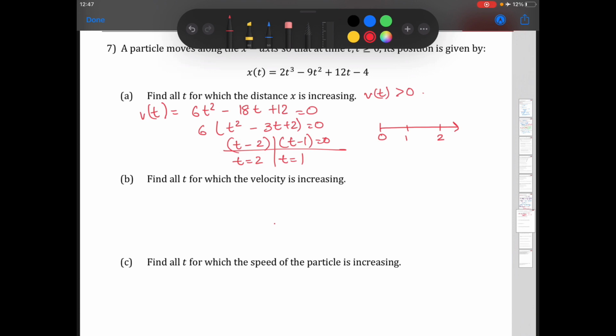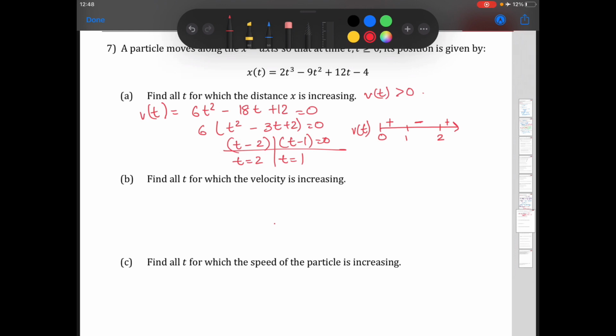So if I substitute half into my equation, I will get a positive number. Remember, it's my velocity number line, so I'm going to substitute in my velocity equation. Then if I pick any number between 1 and 2, let's say 1.5, 3 halves, I will end up with a negative number in there. And if I pick a number greater than 2, I end up with a positive number in that interval.